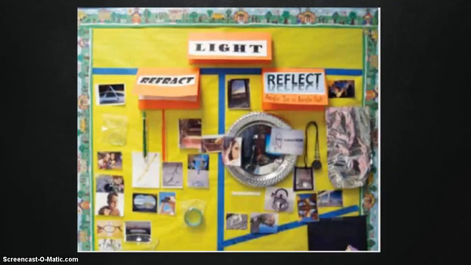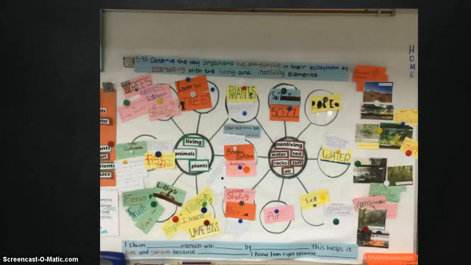Here are some great examples of word walls from classrooms like yours. As you can see, these are student created, and the teacher had very little to do with the interaction of placing the words. These are all student choice and things maybe they brought from home, things they found in magazines.